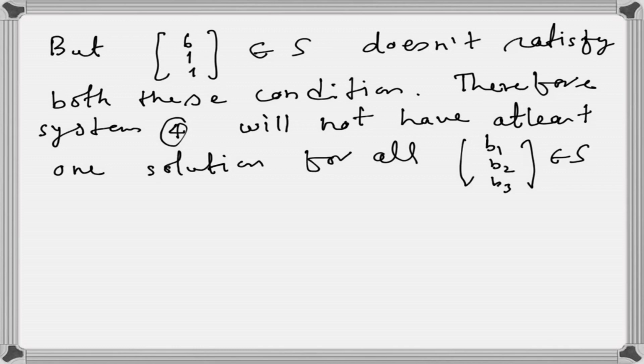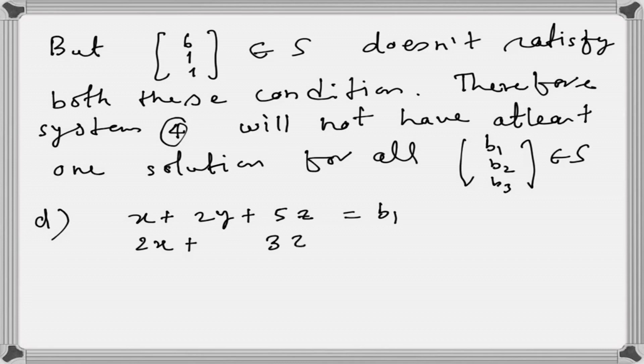Okay, so let's go to the last part, which is D, and here the system is given by x plus 2y plus 5z equals b1, 2x plus 3z equals b2, x plus 4y minus 5z equals b3.